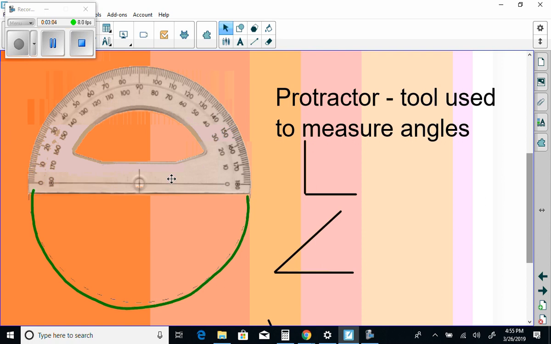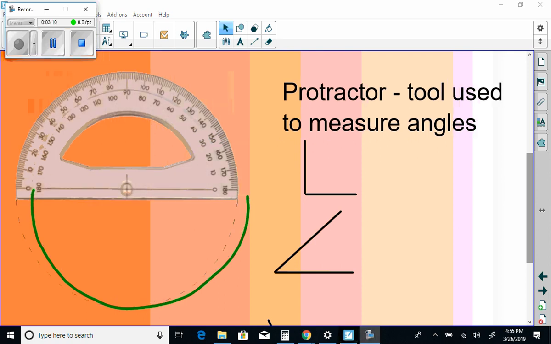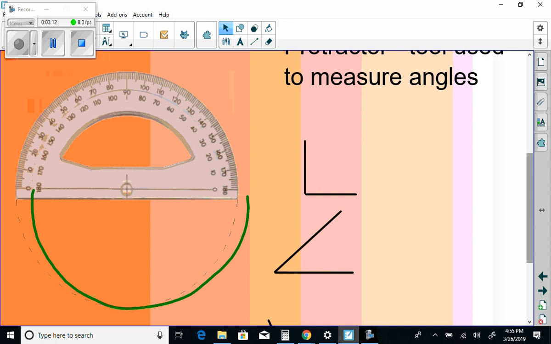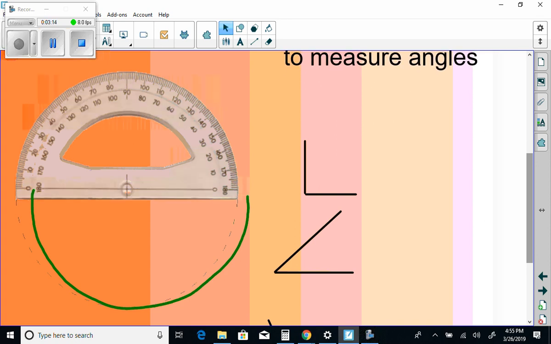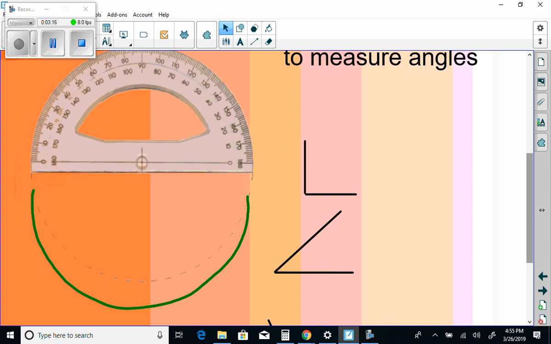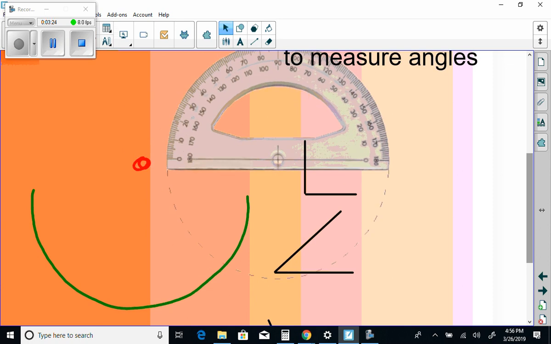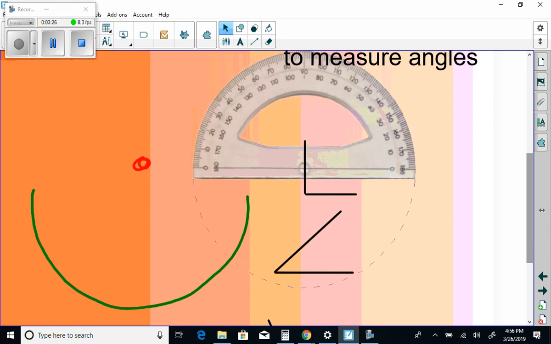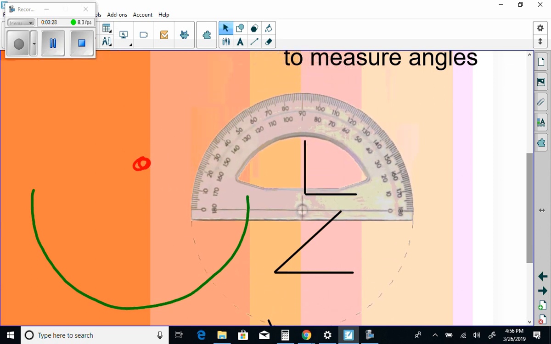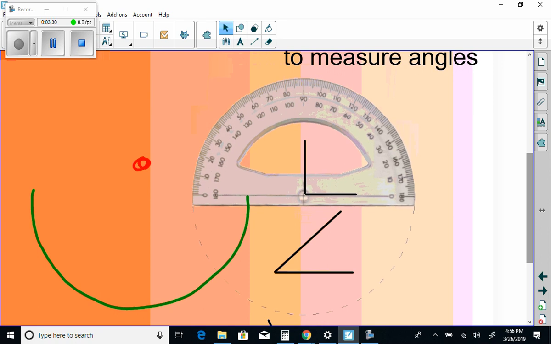So I have a couple of angles here, and I want to practice measuring them. The first thing you want to do when you measure an angle is take your protractor, and right here you can see a hole where the lines intersect. You take your protractor over to your angle and put the part where it intersects right on the vertex of your angle.